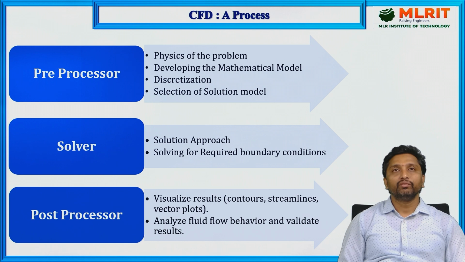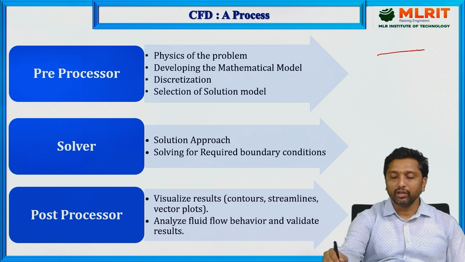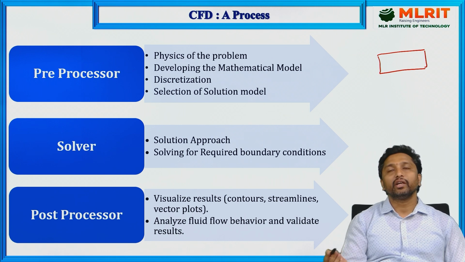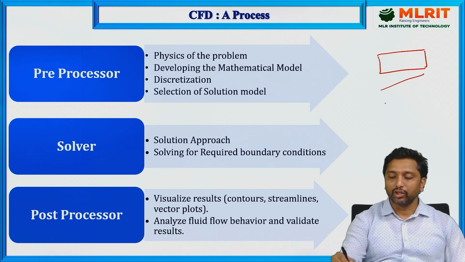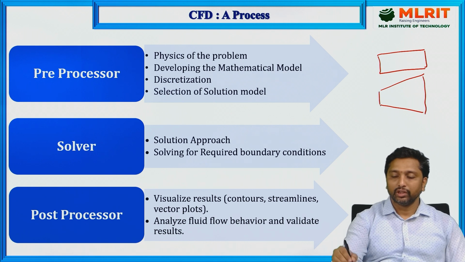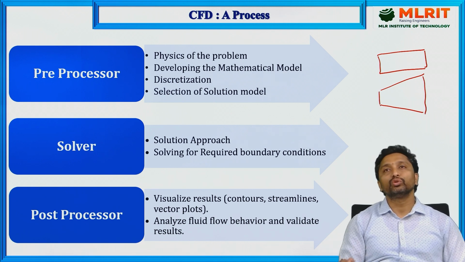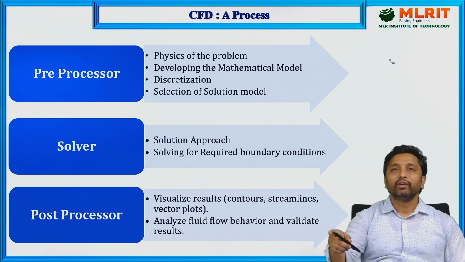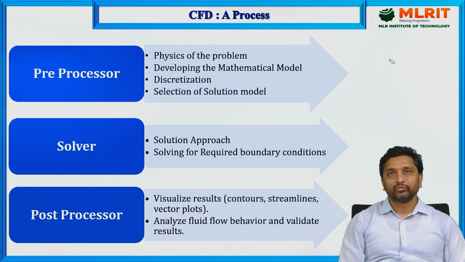For example, if you take flow through a constant area pipe, since area is constant, I can neglect the area as a variable. Same thing if I consider a nozzle. Since area is changing, area also will become one of the important parameters while evaluating or analyzing the problem.